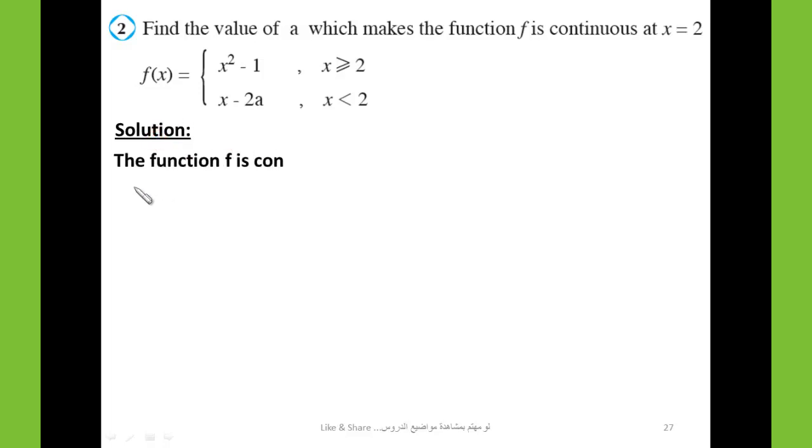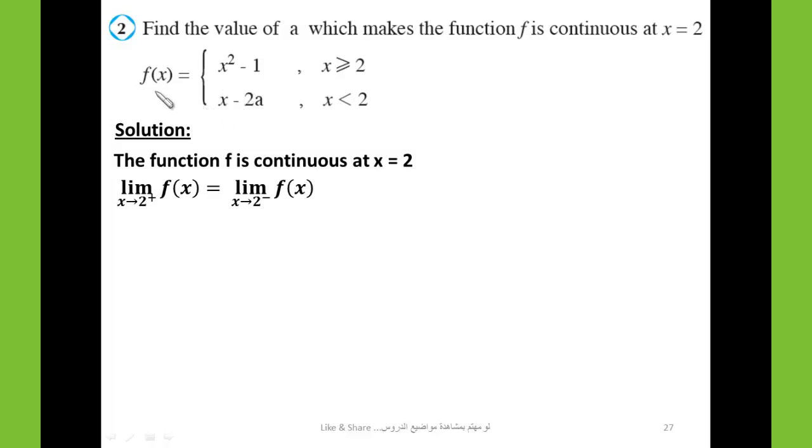We write it: the function f is continuous at x equals 2, then the limit of f of x as x tends to 2 from the right equals the limit of f of x as x tends to 2 from the left. What is the value of f of x from the right of 2? It is equal to x squared minus 1.